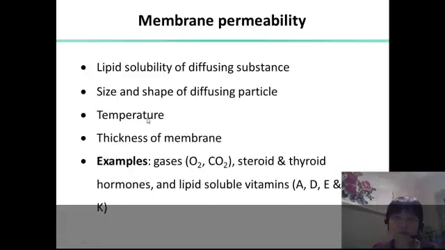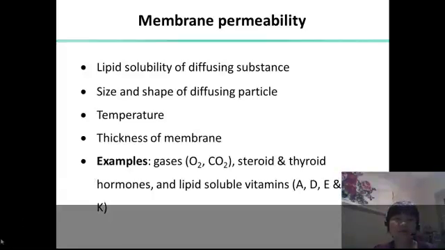Temperature contributes to the permeability, because the higher the temperature is, the higher the thermokinetic energy is, and then the quicker the movement can be. Thickness of the membrane is inversely related to the rate, because the wider the river is, the longer it takes you to swim across. So the thicker the membrane is, the longer it takes to cross the membrane by simple diffusion.